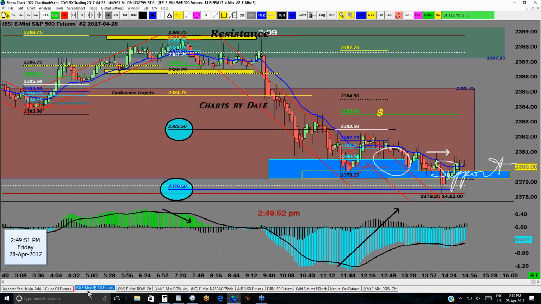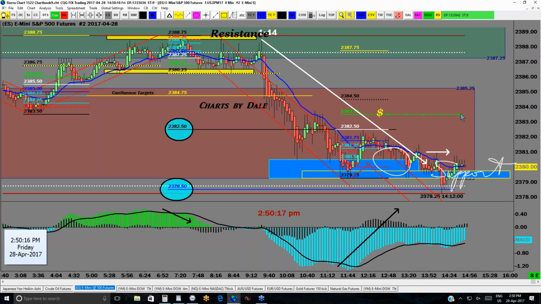Let's go back to your ES real quick. It's a little bit slow to move, but it pays more. It pays $12.50 a tick. So depending on where your entry is, you can see the trend has been to the downside. So this is obviously a counter trend move. Okay, so counter trend is to the upside.